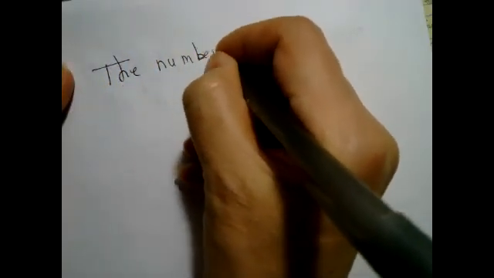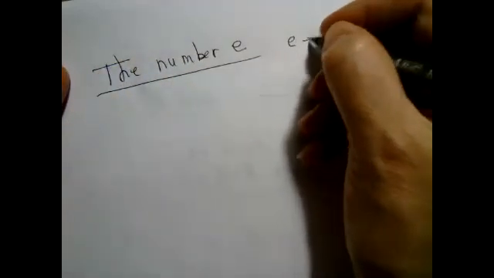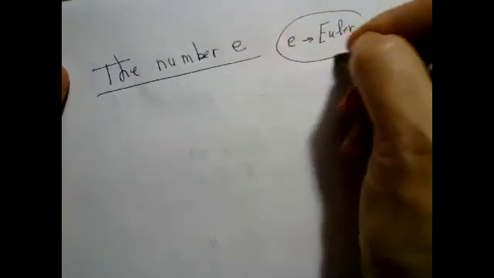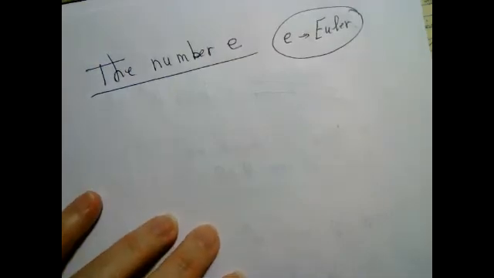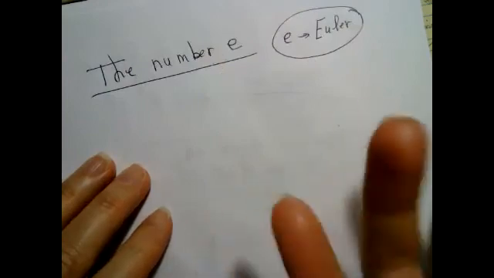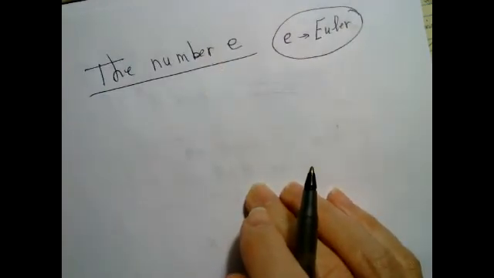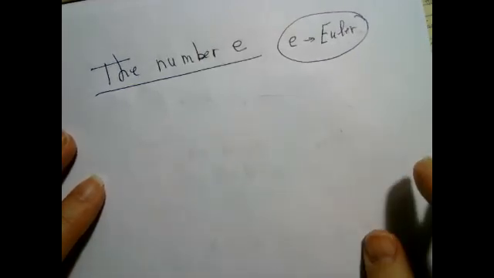So I'm going to talk a little bit about the number e. E stands for Euler, which is one of the most famous mathematicians of all time. E is a number, like the number pi that we see in geometry or trigonometry. It's one of the most important numbers in math.